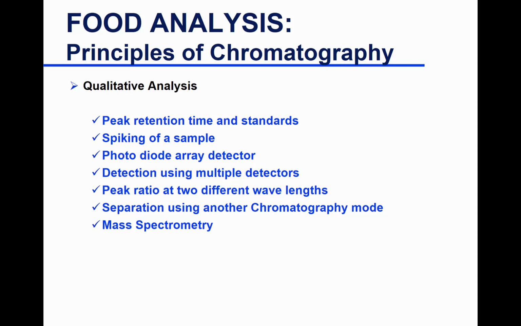If we're doing UV, it will be somewhere between 200 and 400. And then what happens is, every 0.1 seconds, whatever is going through the detector is being recorded. The absorption is being recorded over a range of wavelengths.